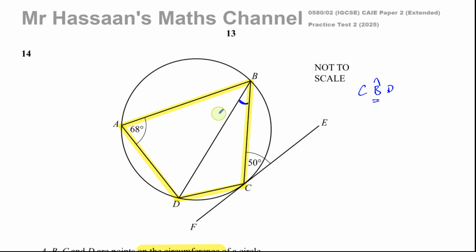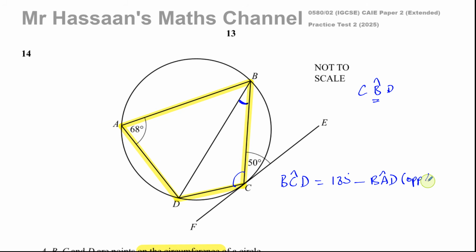A cyclic quadrilateral. Okay, so we can say that angle BCD is equal to 180 minus angle BAD. Why? Because the opposite angles in a cyclic quadrilateral are supplementary.